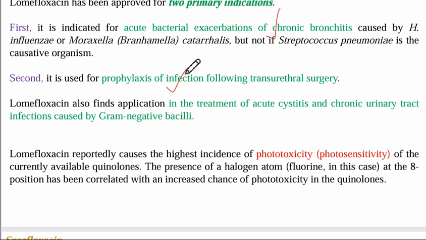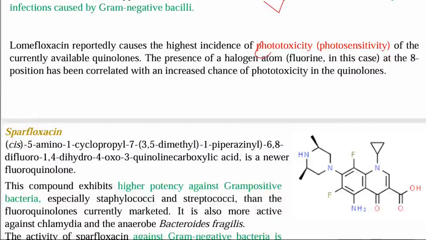As I said, all the fluoroquinolones which we have heard about have been used in the treatment of H. influenzae, chronic bronchitis, Streptococcus pneumoniae, etc. And second is the prophylaxis of gonococcal urethritis or transurethral surgery. Now this also finds applications in acute cystitis and chronic urinary tract infections that are caused by gram-negative bacilli. And again one of the ADRs is phototoxicity. There can be advanced pigmentation.